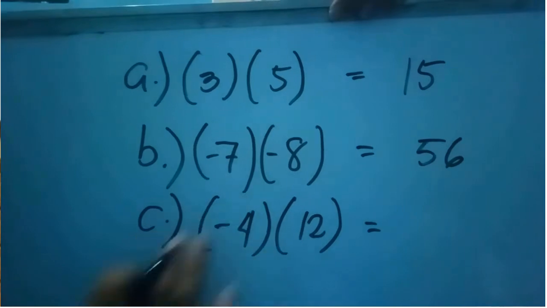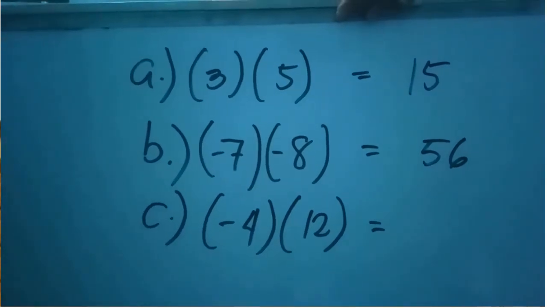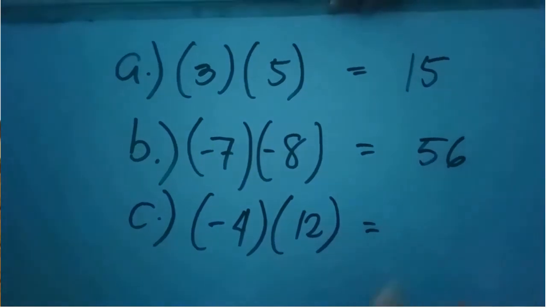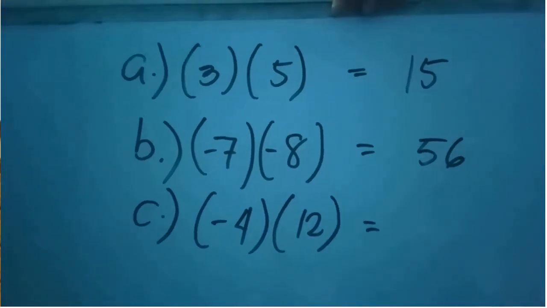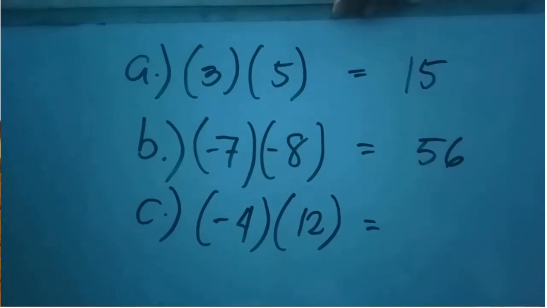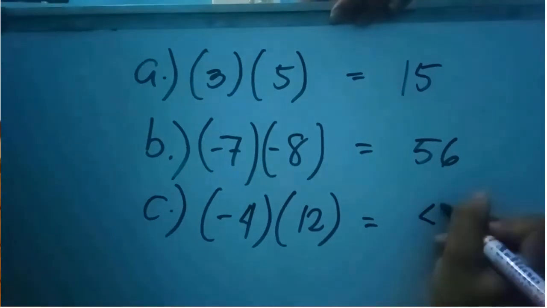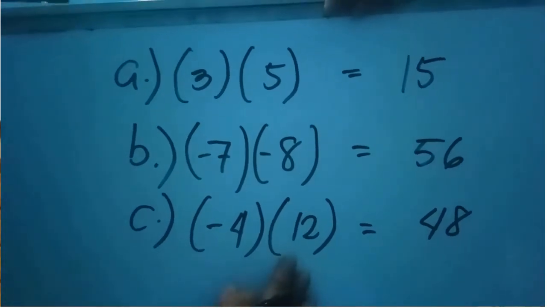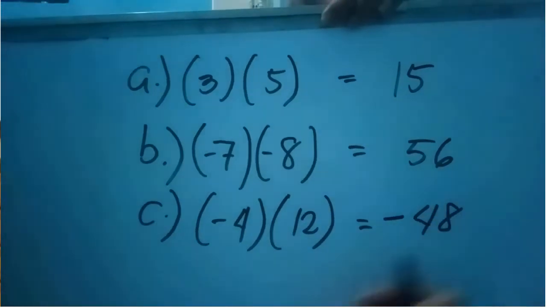We have same sign, negative and negative, it is always positive also. So the answer is positive 56. Next, letter C, we have negative 4 times positive 12. 4 times 12 is 48. Then, you can see we have unlike signs, so it will always be negative.